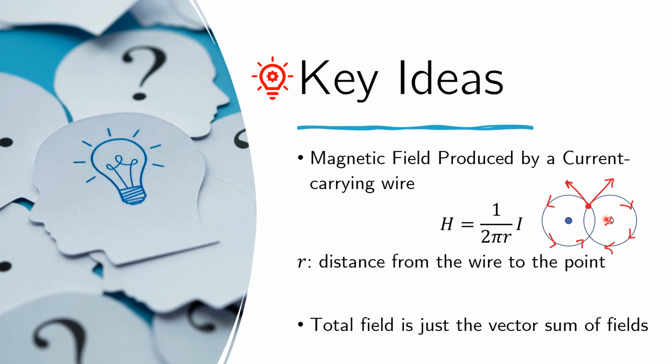And of course, the direction of the magnetic field produced by this current is actually opposite that. So it's clockwise. And so when we are in this bit here, the magnetic field due to this would be going this direction, and the magnetic field due to this is going this direction. And we recall that the total field at any point is just the vector sum of all the fields at that point.